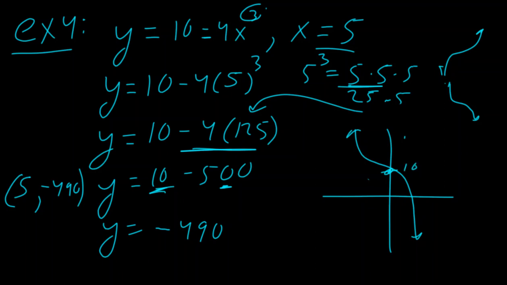We're saying if we go to the right, 5, 1, 2, 3, 4, 5, and we go all the way down, we won't hit this line until it goes down a distance of 490. And so here is our point, our ordered pair, (5, negative 490), and of course we know that that is our solution.